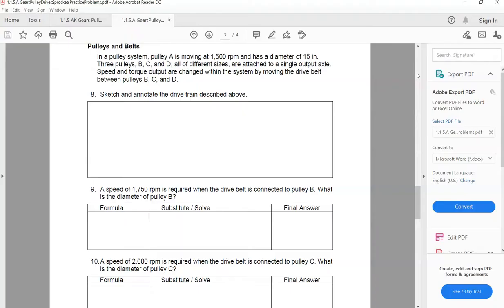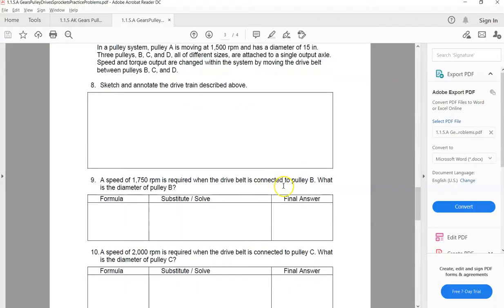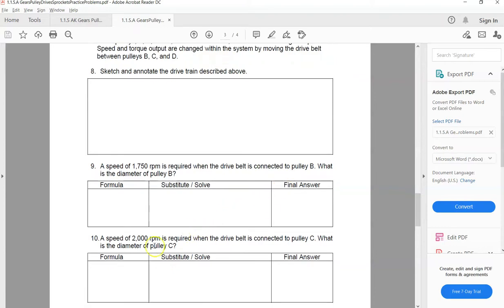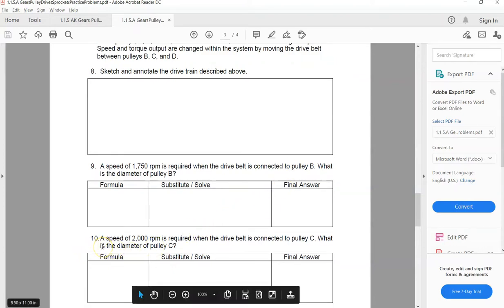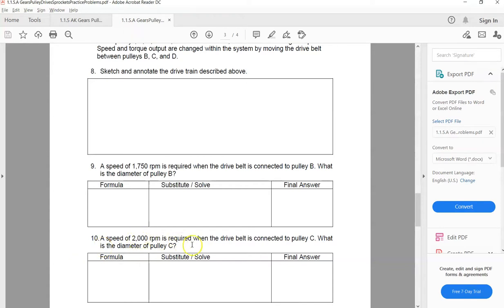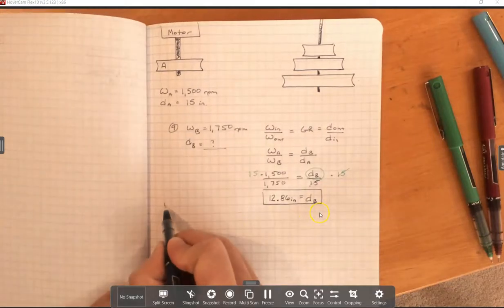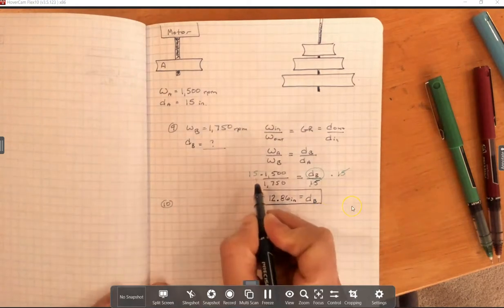Looking at number 10, it's very much the same question. They just have changed from pulley B to pulley C, and they've changed the RPMs to 2000. So they're saying that if we move the belt from B to C, we want to get an increase in RPMs, and we would like to get 2000 RPMs. So the question is, what is the diameter needed to make that happen? For number 10, it's pretty much the exact same problem.